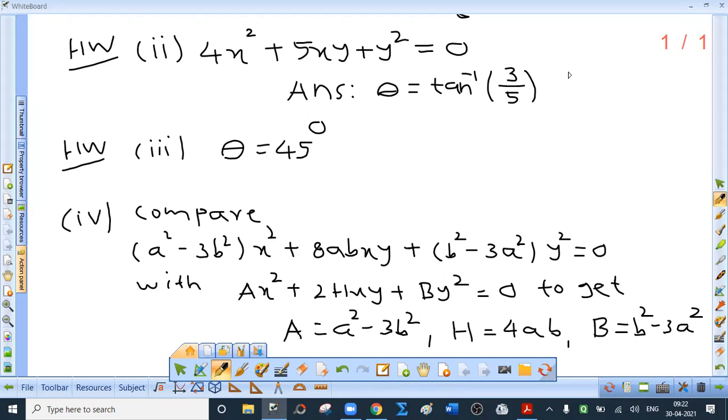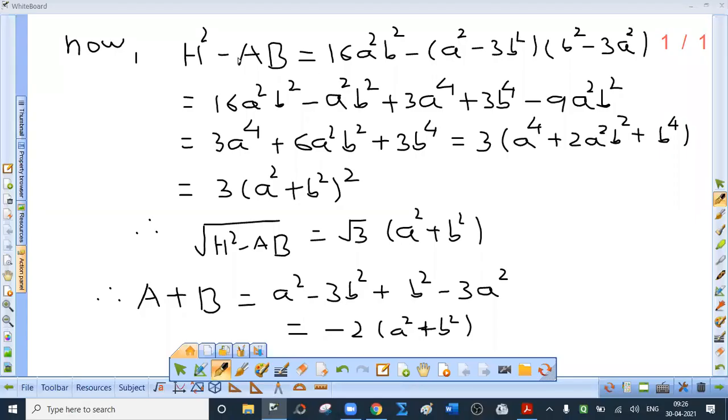Now here I'm going to obtain h square minus ab and a plus b separately. And then I'll put the values in the formula. So substitute the values. H square minus AB becomes 16a square b square minus product of these two. I have omitted one step. You could have opened these brackets and then multiply by minus 1.